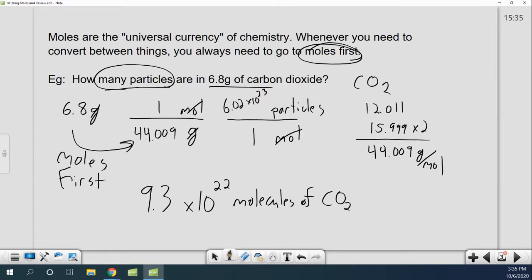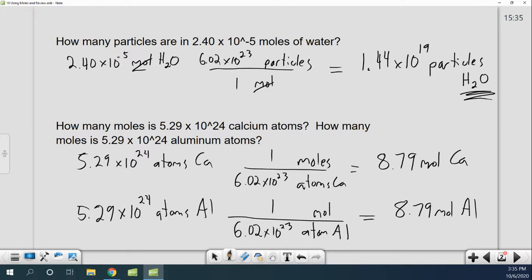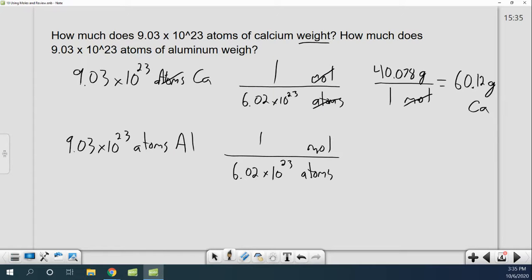So if we go back two, sorry. Same number of atoms gives me same number of moles, right? So should we get the same weight? Well, just because it's the same number of atoms doesn't mean it weighs the same.